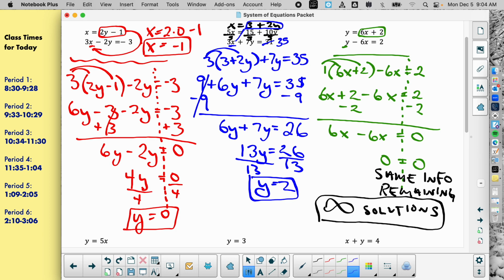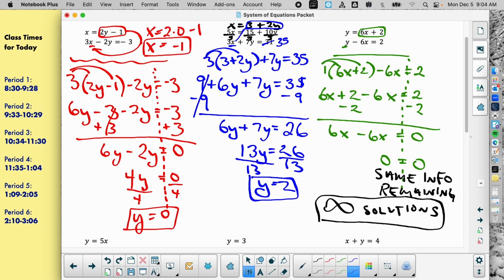Serena, how do we finish it off again? Because we've only got one number. You have to plug the y into the x equals equation. Okay, good. Just so you guys know, you actually can put the y into any of the equations and it'll work. We usually use that one because it's set up really easy and quick.